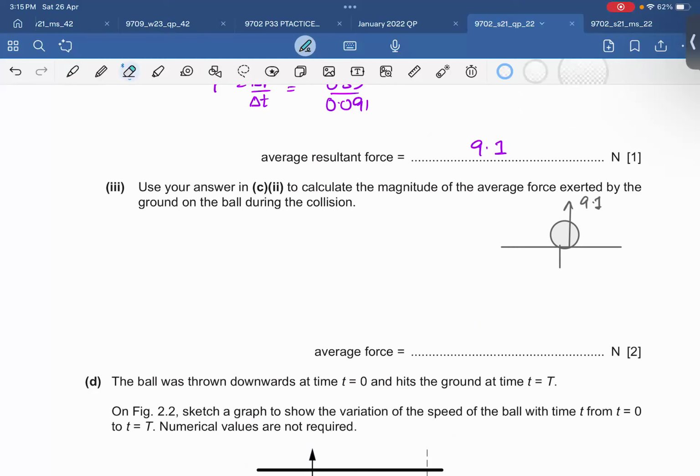Be very careful, they're asking for the force exerted by the ground on the ball, not the force exerted on the ball.